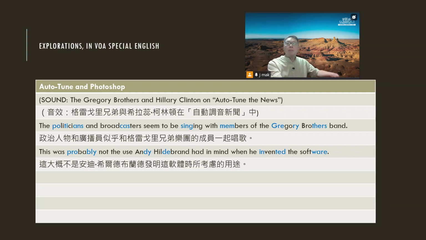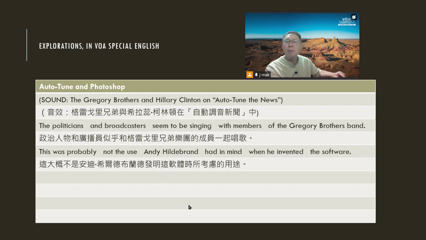These pirates are criminals. They are armed gangs on the sea. That means the ocean. The United States does not make concessions or The politicians and broadcasters seem to be singing with members of the Gregory Brothers band. This was probably not the use Andy Hildebrand had in mind when he invented the software.